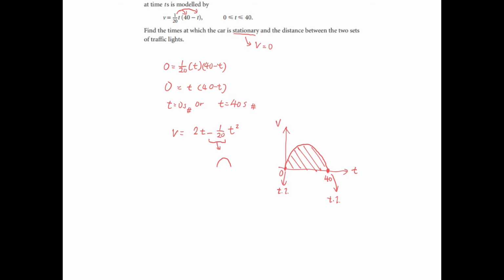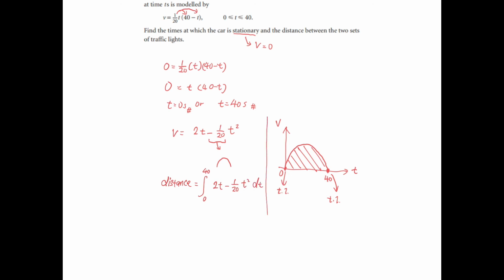So you can see the working like this. Distance equal to the integration from 0 to 40. You put the velocity function inside. I will put the expanded form, because the expanded form is easier to integrate, dt.